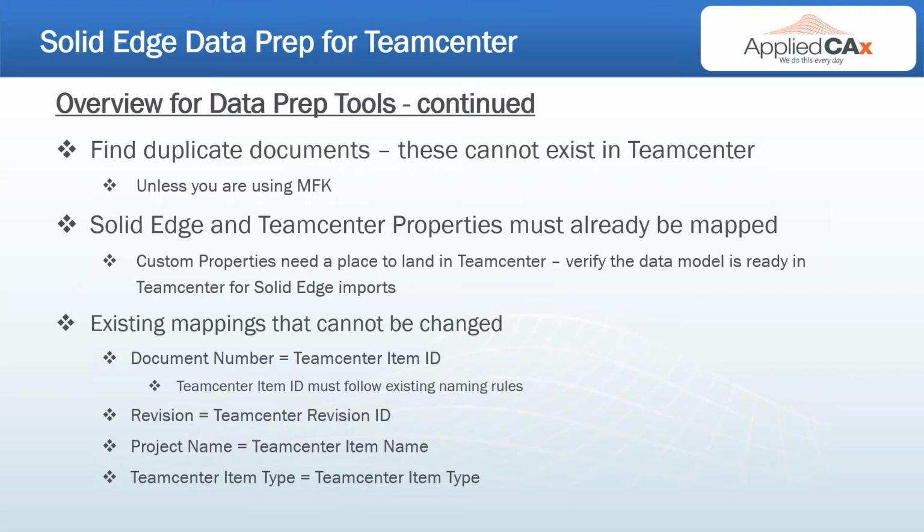I know that title is a lot of the times used for the descriptions or names in Solid Edge, and we will just have to move those to the project name. So we'll be able to move that data around, and I'll show you that further in this webinar. And then we have to have a Teamcenter item type, and so we may have more than one. We just need to know what those are to define those for our files.